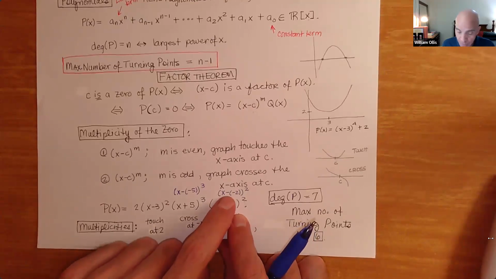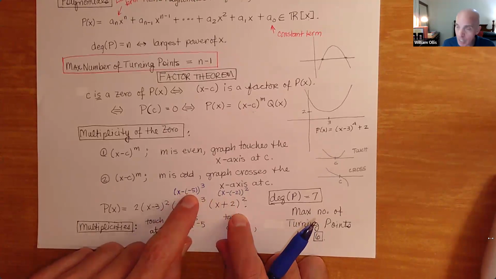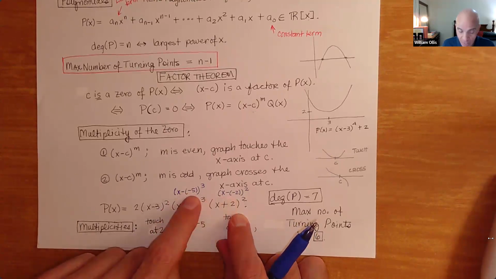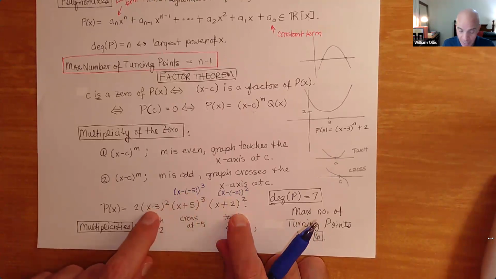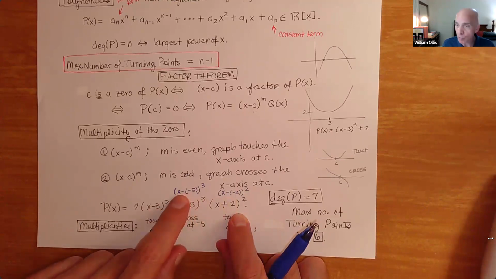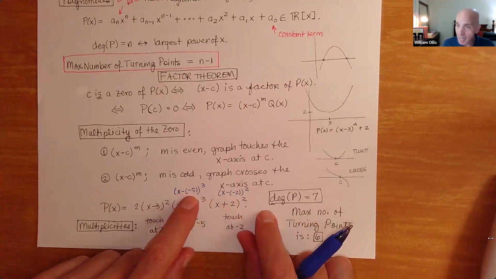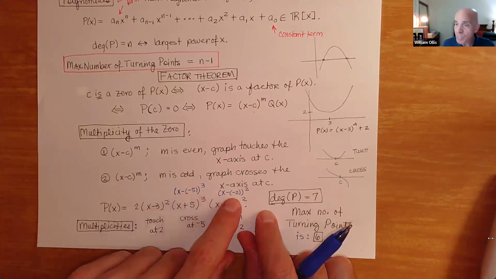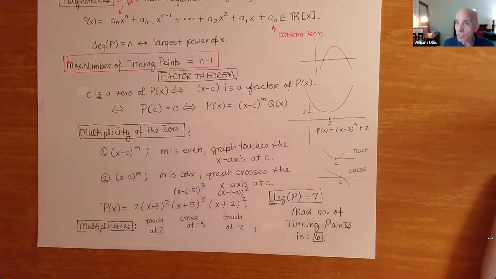Okay, so simply writing it this way identifies the actual zero in the symbolism, just like the 3 is identified here because it is to the right of the negative sign. Here we see -5 is to the right of the negative sign, so -5 is a zero. Here we see -2 is to the right of the negative sign, so -2 is a zero.